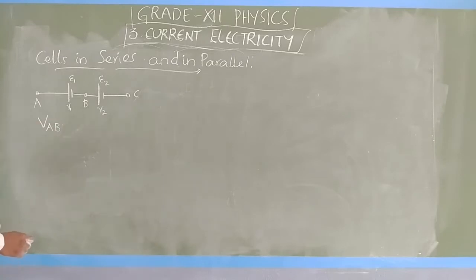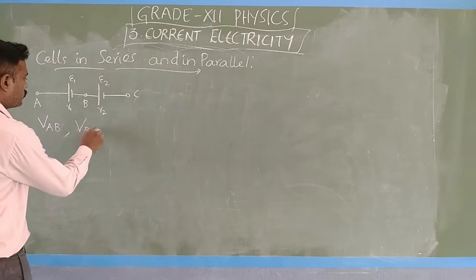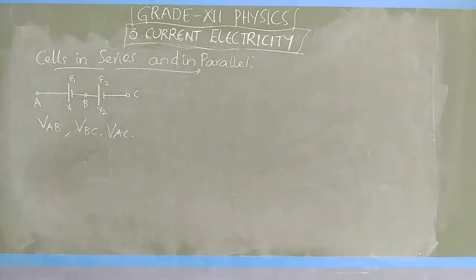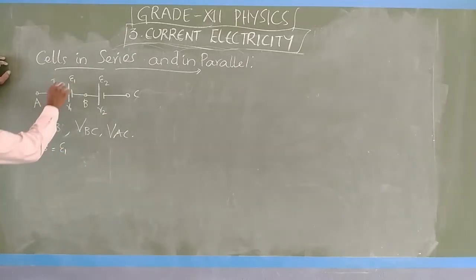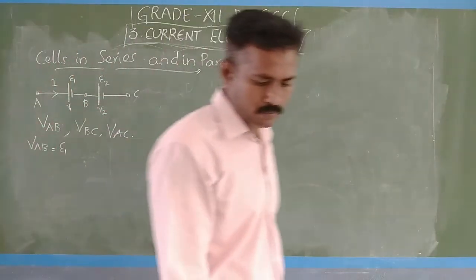What is VAB, VBC and VAC? VAB is E1. Okay, and a current I is flowing in the cell.